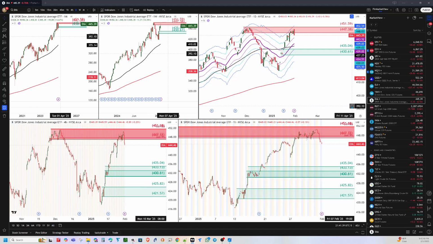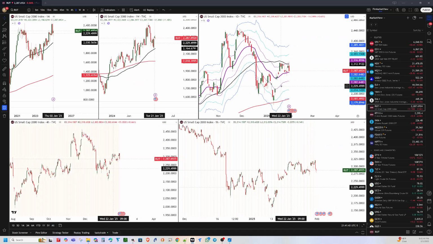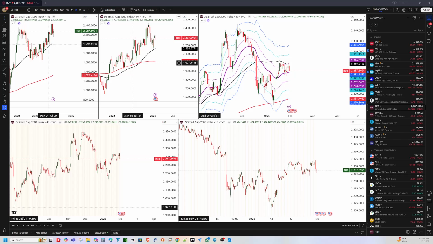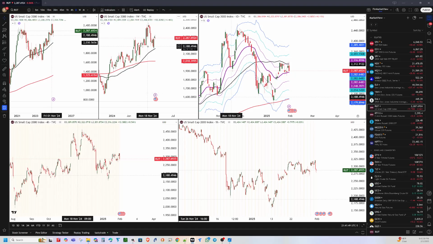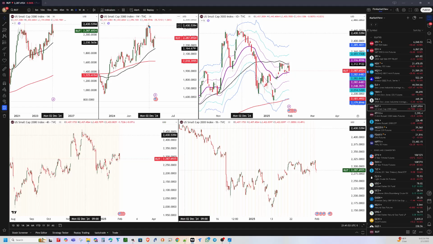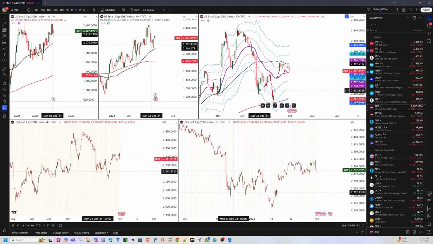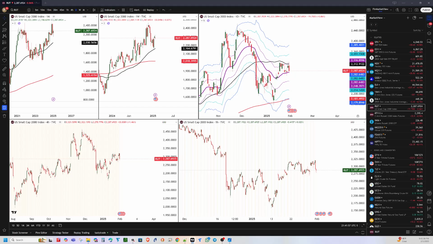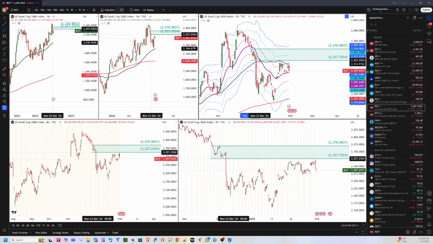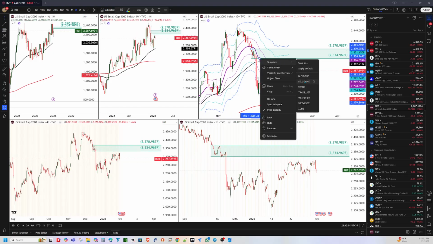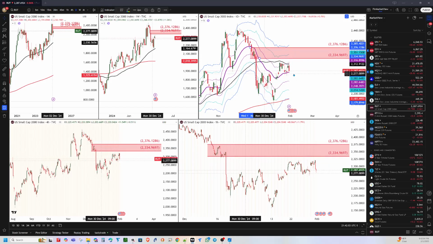Let's move on to the small cap Russell, RUT. So RUT, we have an uptrend on both monthly and weekly, but the last couple of weeks Russell was sold off, and then we have a retreat all the way to this daily supply resistance, the sell zone.